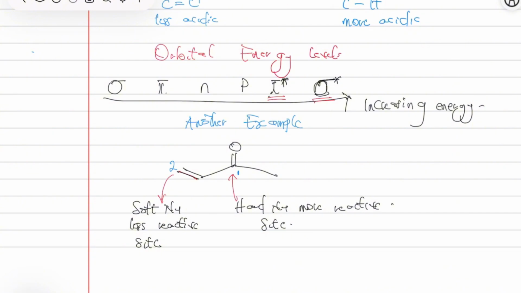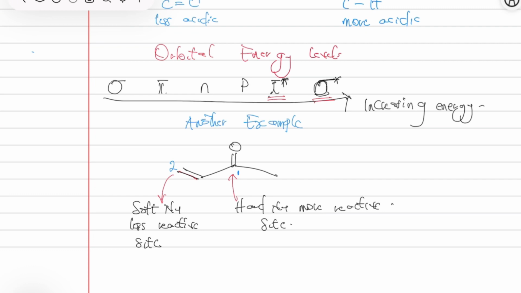These are the two possible sites the nucleophile can attack. But the main question is, where will the soft nucleophile attack and where will the hard nucleophile attack? This will lead us to the nature of the bond. The nature of the bond will differentiate where the soft nucleophile will attack and where the hard nucleophile will attack.